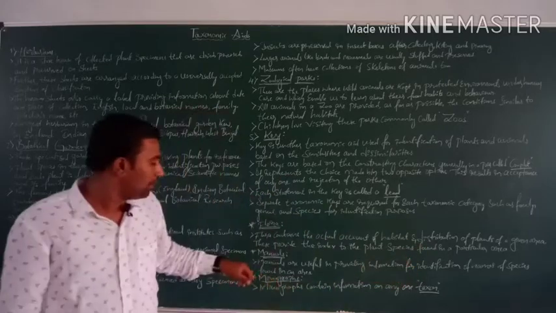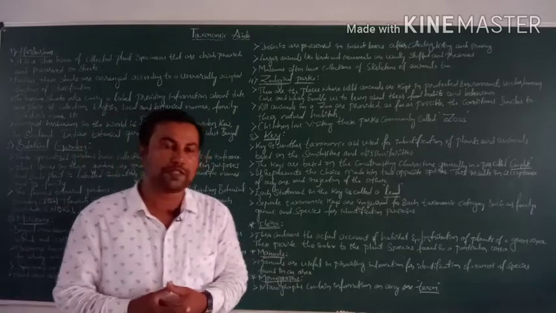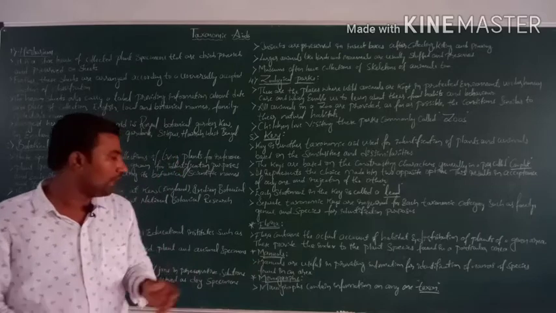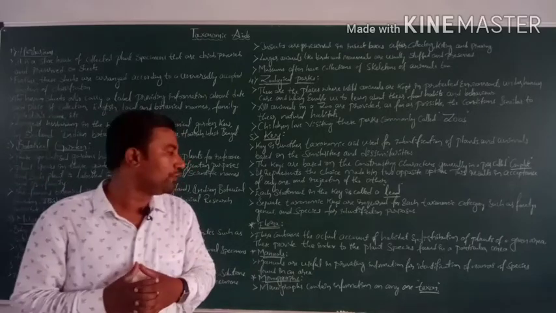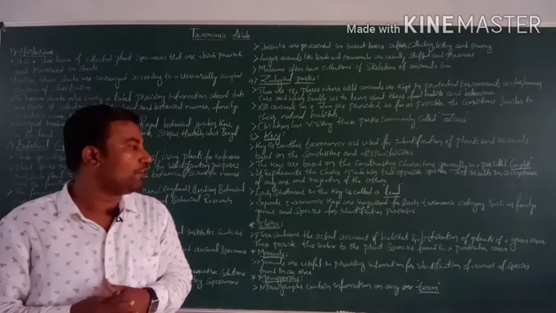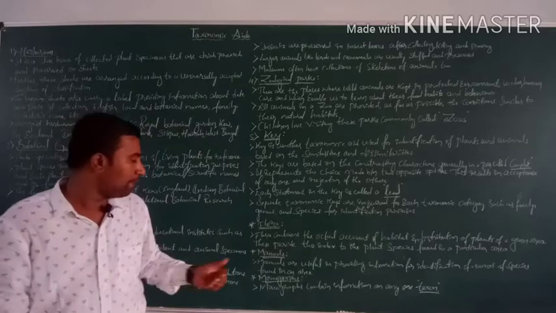Okay, and come to the next one, manuals. So what about the manuals? The manuals are useful in providing information for the identification of names of species found in an area. So remember this point.